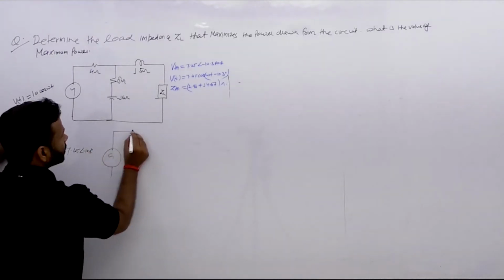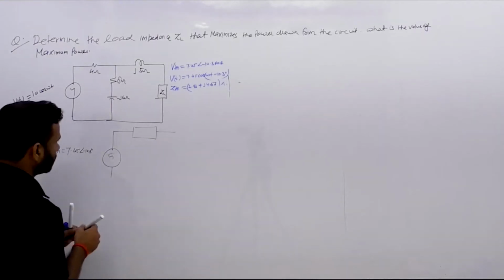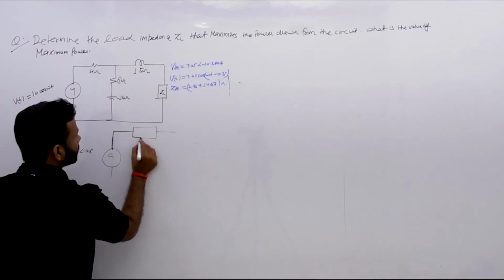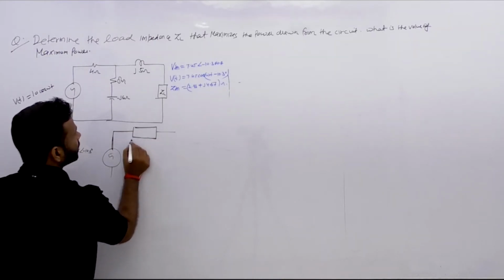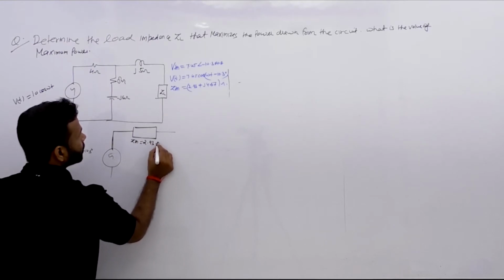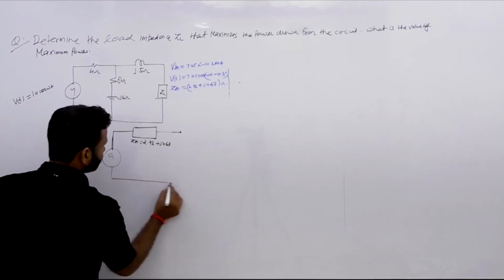Similarly, this is your ZTH, which is 2.93 plus j4.67, and this is your load.